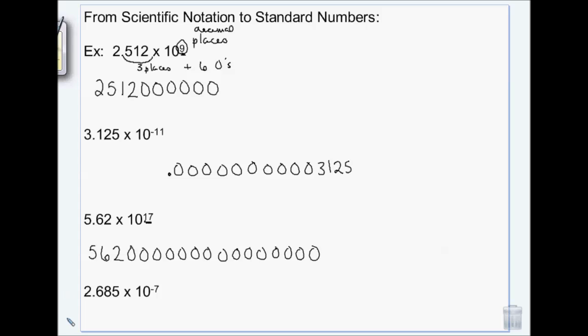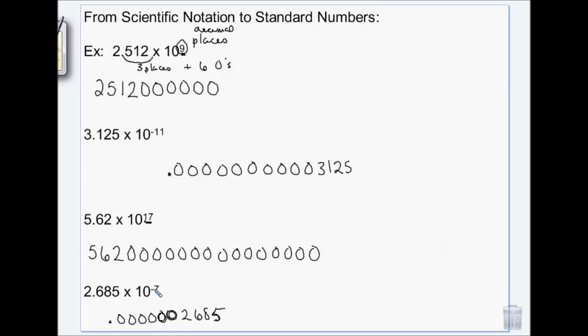So it's 10 zeros. Or you can look at this and say, okay, this is -7. That's 1 decimal place, so I'm going to have to do 6 zeros, and then add the number that's there. It depends on how you like to look at it.